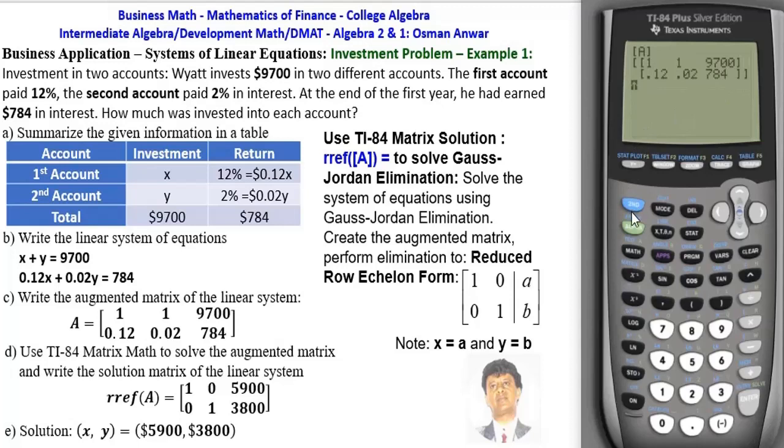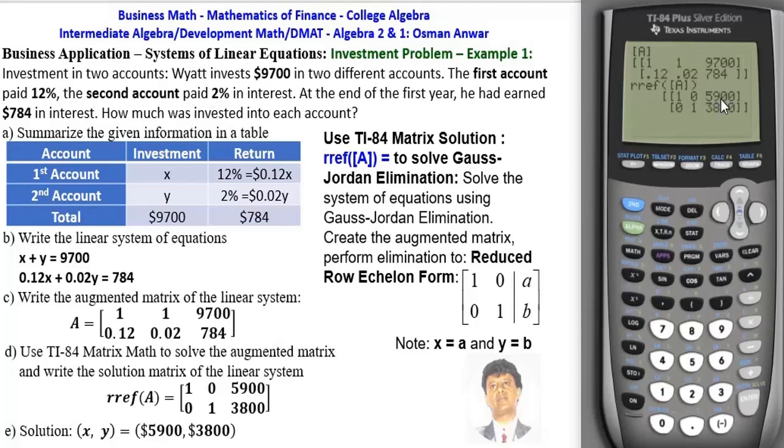So you do second matrix, go to math, go all the way down, find the RREF. Okay, second, hit enter, second matrix, call the matrix A, close it, hit enter, and here is the solution.